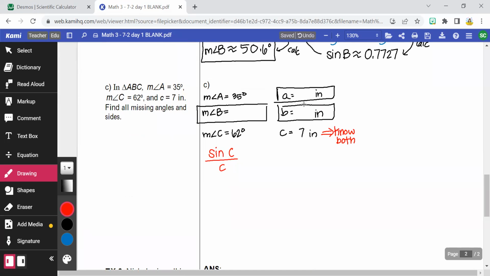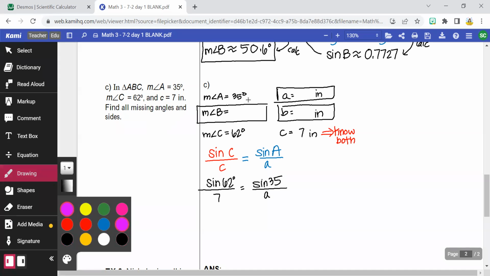Okay, so I need to solve for side A, angle B, and side B. Right now, because I know angle A, I'm going to set up sine C over C is equal to sine A over A, and that's going to help me solve for side A, because I know most of these. So I know the measure of angle C is 62 degrees, so let's plug that in. So we've got sine of 62 over 7 is equal to sine of 35 over A.